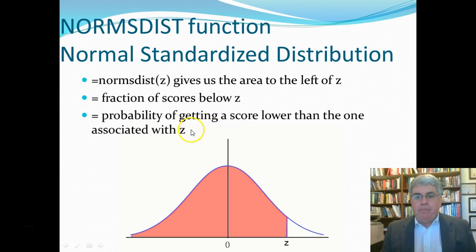It also gives us the probability of getting a score lower than z. So if this gave us 90%, that would mean 90% of the z-scores are below that z-score. And so the NORM.S.DIST will tell us what that percentage is.